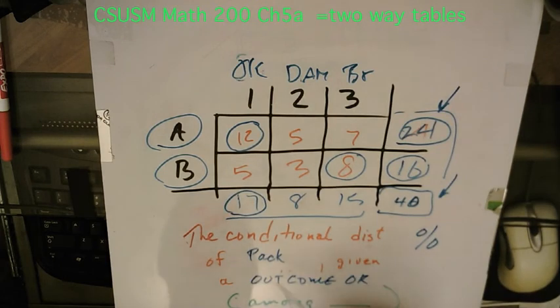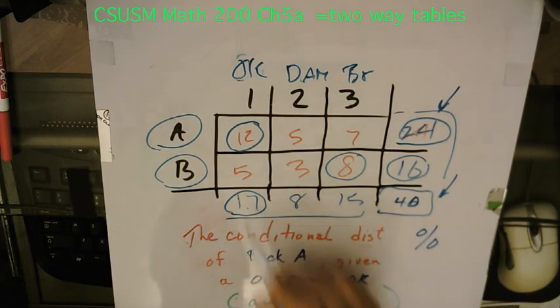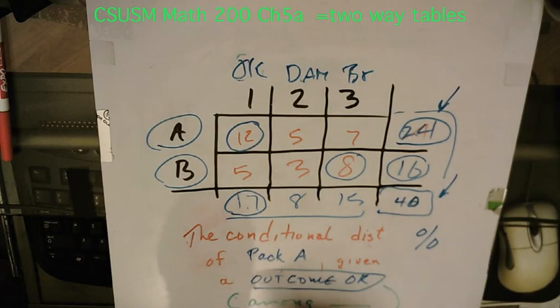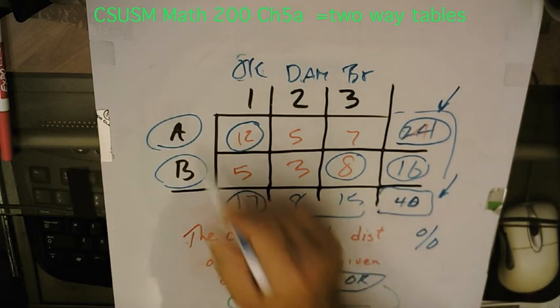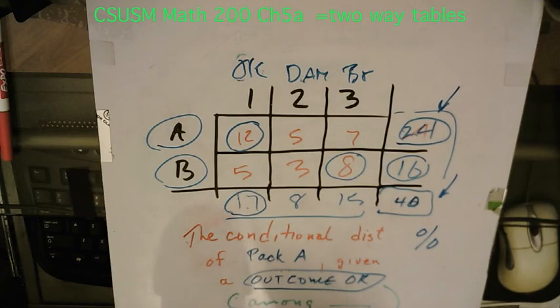I'm going to say, okay, given packaging A, what's the conditional distribution given that the outcome is okay? So I'll take 12 out of 17. So again, my given determines what column or row I'm going to use. In this case, I'm going to use the outcome okay. I'm going to use this column, and then I'm going to look at the data in that relative to the total of that column.